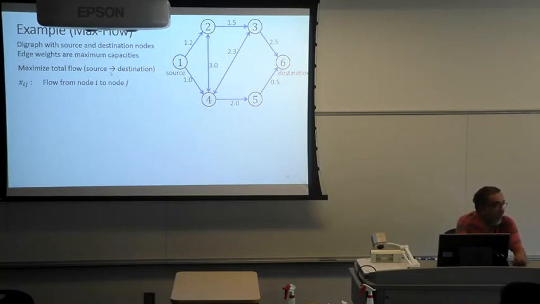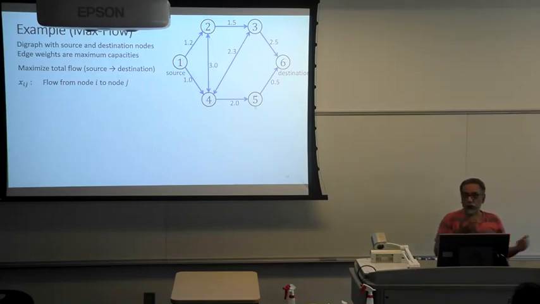Okay, there's another issue. Anyway, I'll talk about it in a minute. So what we want to do is, how do we maximize? xij is the flow from node i to node j. Node 1 to node 2 is x12, node 4 to node 5 would be x45, and so on.